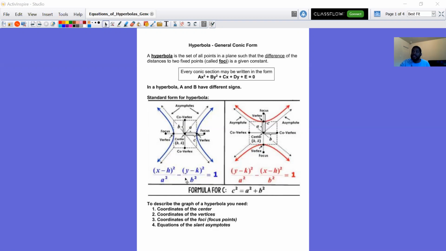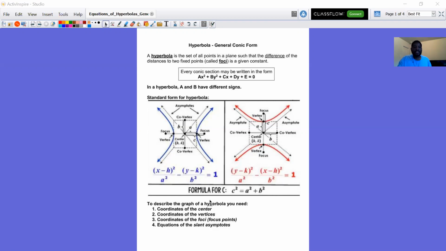So notice here that the numerators will switch based on the location of a. And so wherever the square term is positive is what we're looking for. It will tell us if the hyperbola opens left or right or up and down.